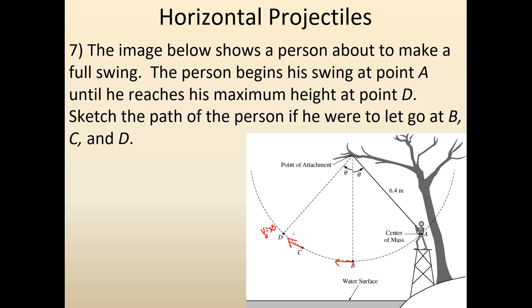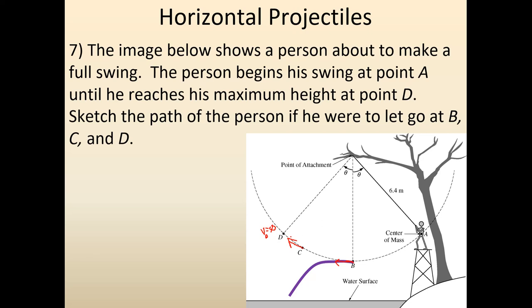If I take this and relate it to my projectile stuff, since B is going to end up moving horizontally, it's going to look like a horizontal projectile. Easy enough. It's going to start going flat and then fall down. C is going to be shot at an angle. Now, we haven't talked about angular projectiles, but I'm pretty sure you could guess what it might look like.